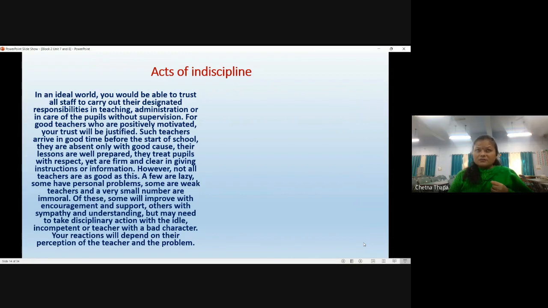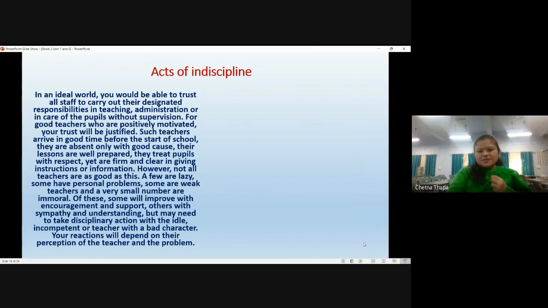There might be some who might improve themselves with your encouragement and support, and with your understanding. But you need to take a disciplinary action against a teacher who is incompetent or is having a bad character, who is idle. So your reactions will depend on your perception of the teacher and their problem also.